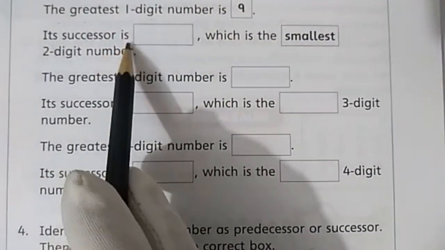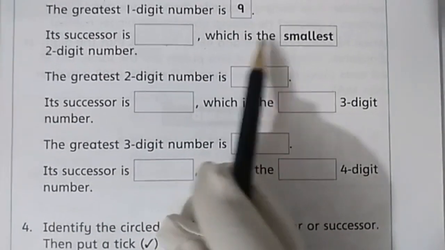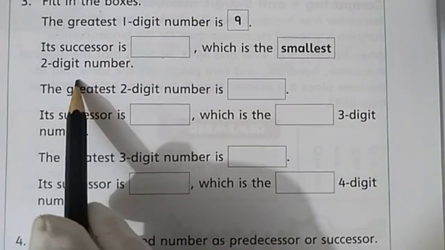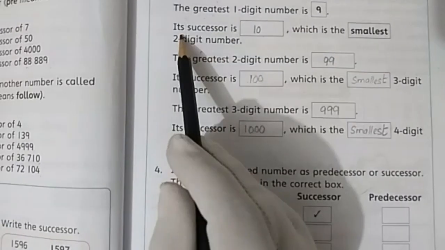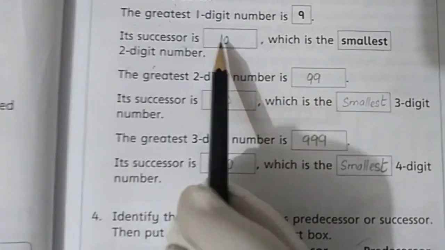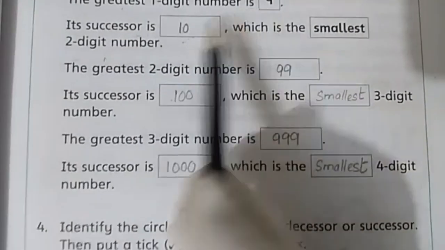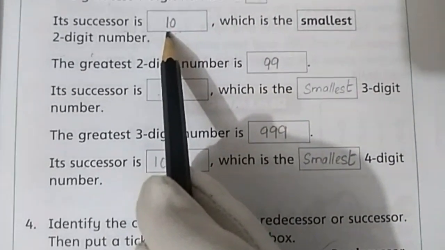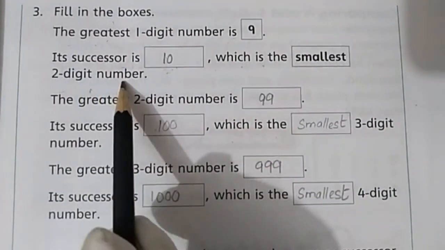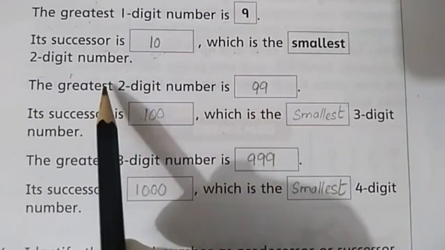Its successor is dash, which is the smallest two-digit number. Its successor is 10. 10 is a two-digit number. After single digit, we get a two-digit number. Which is the smallest two-digit number? 10 is the smallest two-digit number.